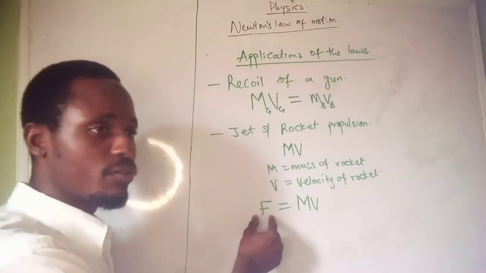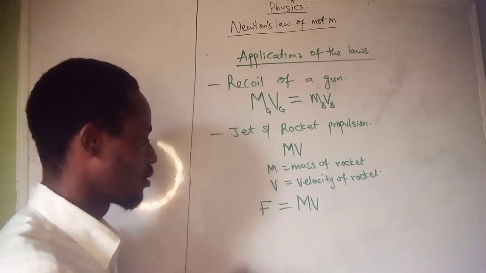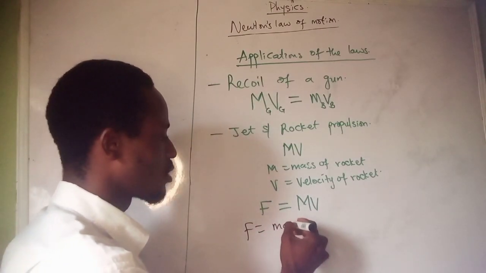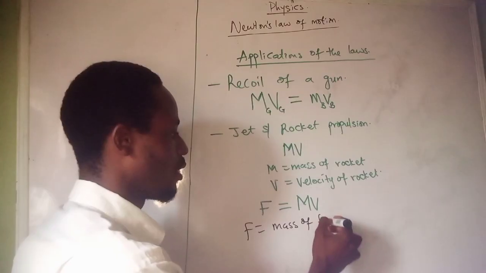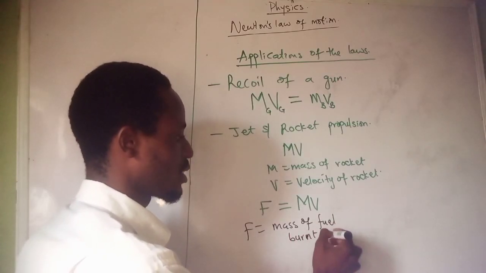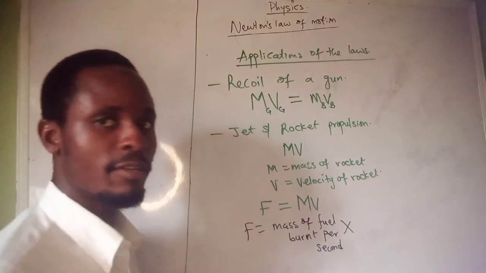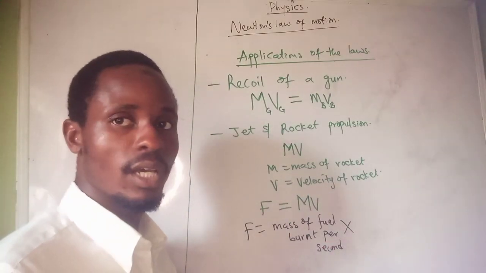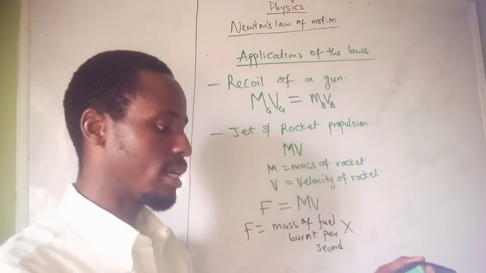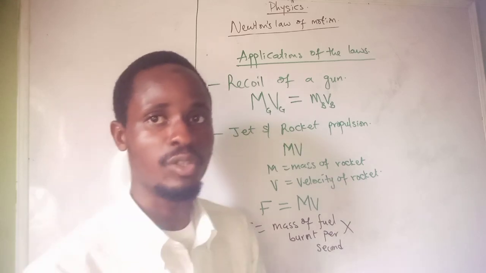This force F is equal to the mass of fuel burned per second multiplied by, when the fuel burns, it gives us a gaseous exhaust, like you see gases coming out when a rocket is being launched, if you have ever watched that video before.